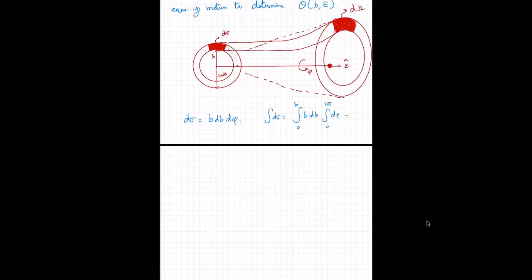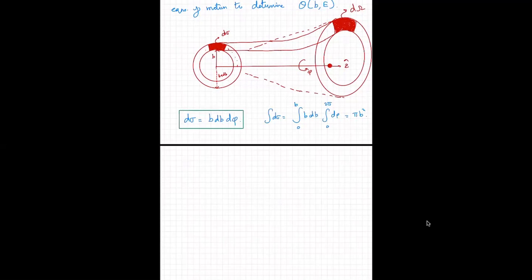If you do this integration, you will get pi b squared, which is the area of a circle of radius b. So d sigma, which is b db d phi, can be thought of as the infinitesimal area that is lying in this annular ring.